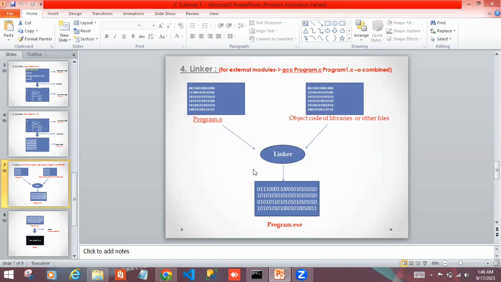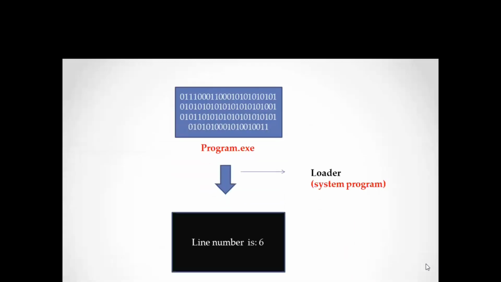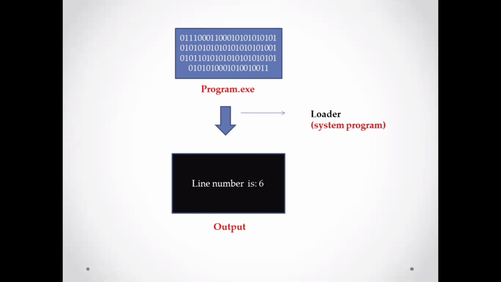Once a single exe file is generated, it is passed to the loader. Loader is a part of the operating system that is responsible for loading the executable files into the memory and to execute them. So here we discussed all those compilation steps.